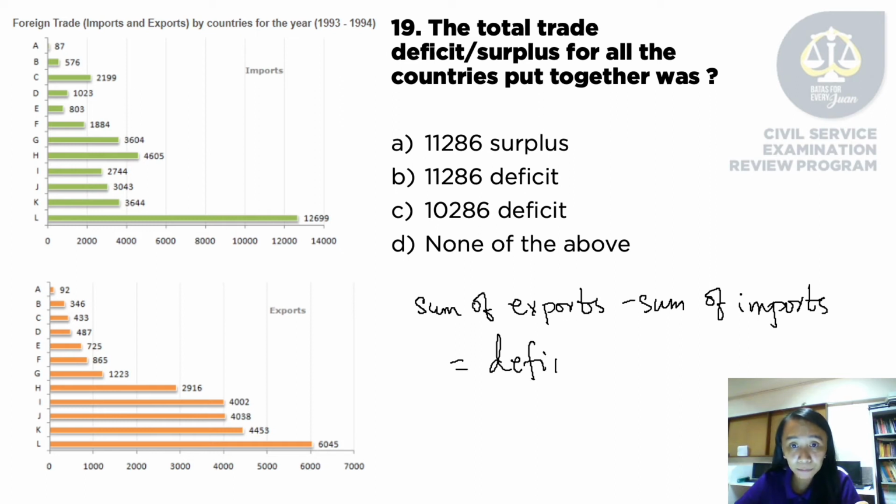If you add them all up, we get a deficit of 11,286. Most likely the result here is negative, so that is a deficit. Add them all, take the sum, and subtract your imports. The correct answer is letter B, 11,286 deficit.